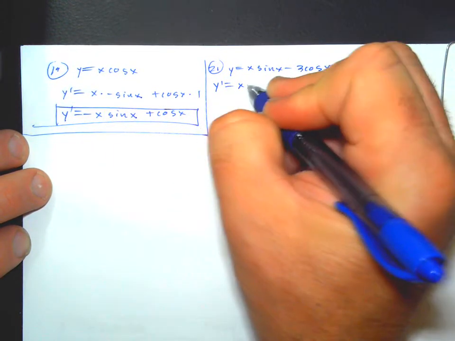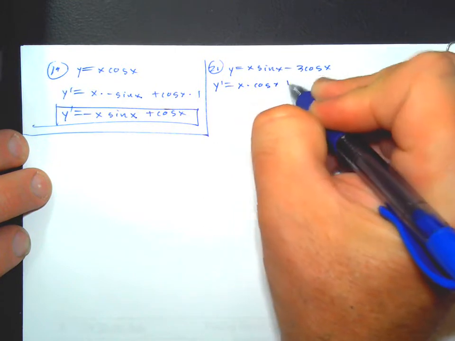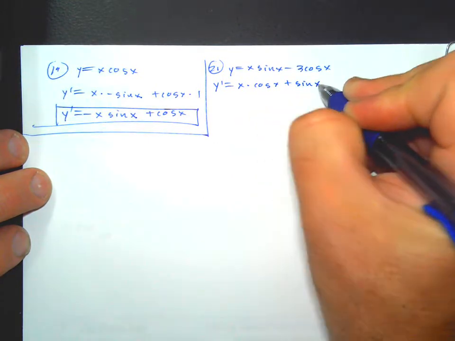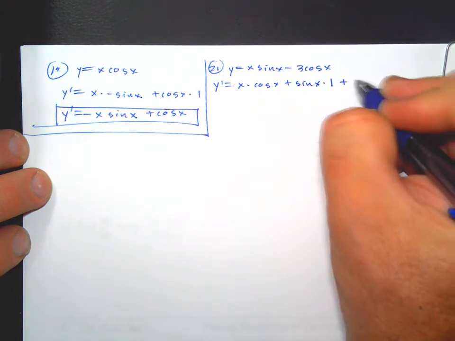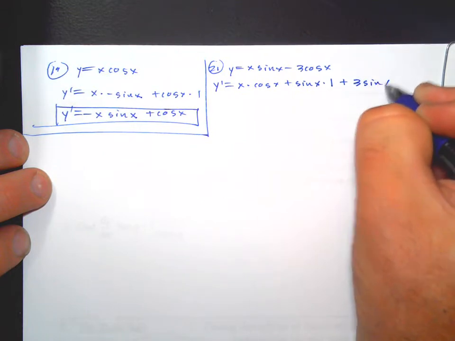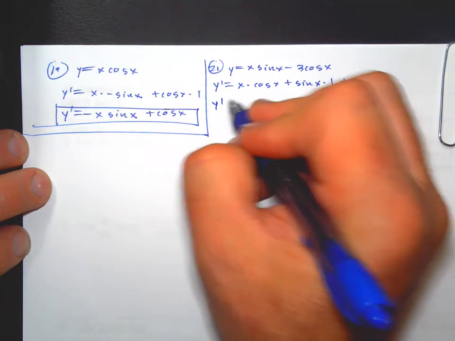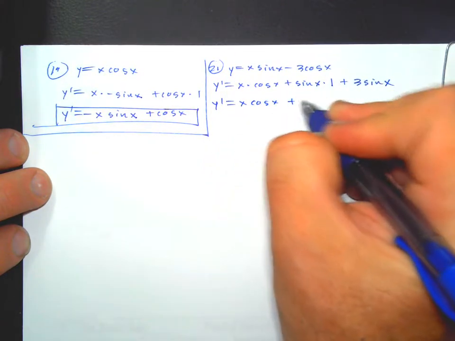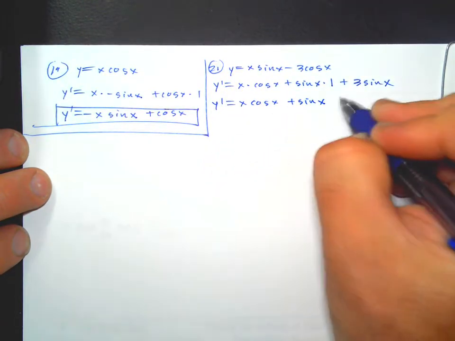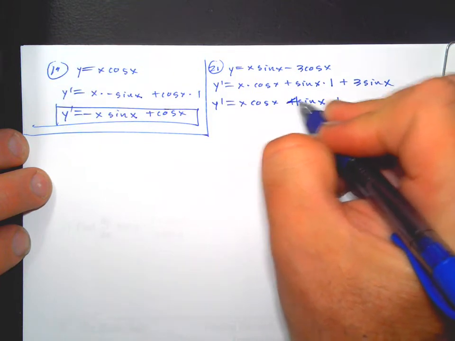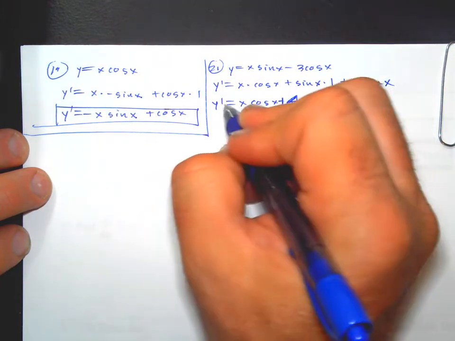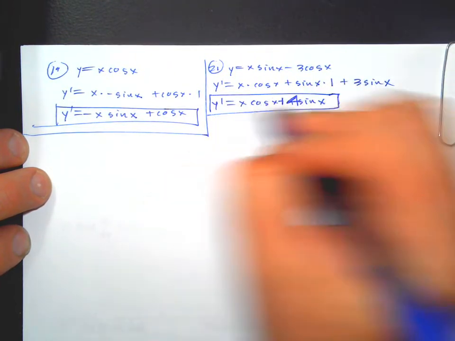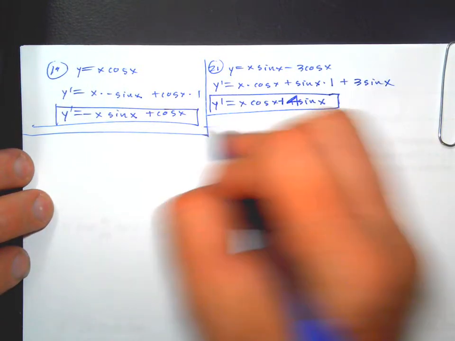Go product rule. Clean it up. Sine x, 3 sine x is 4 sine x.